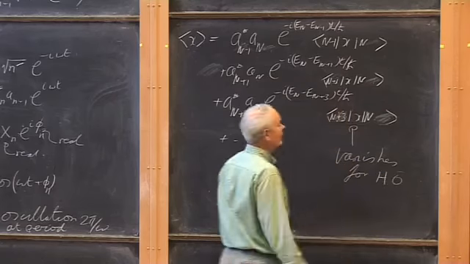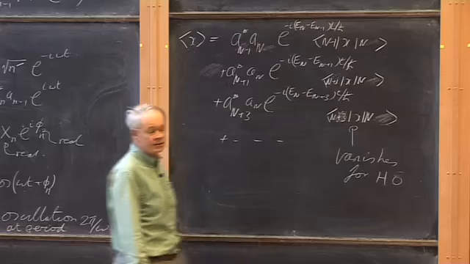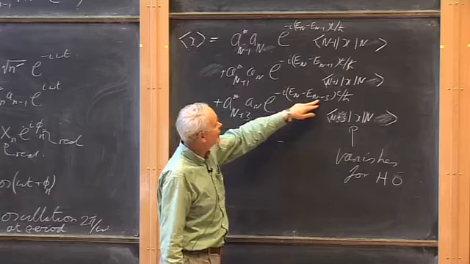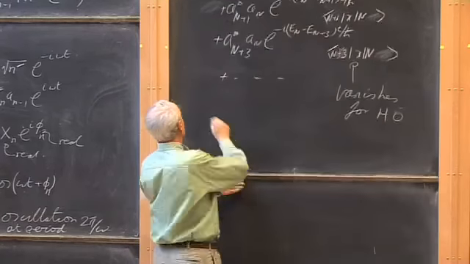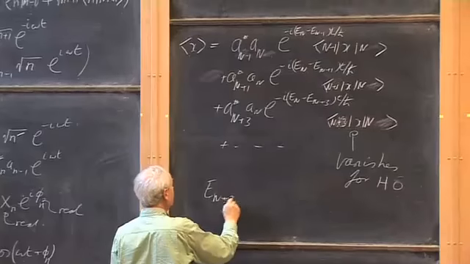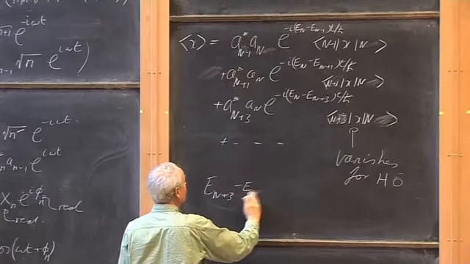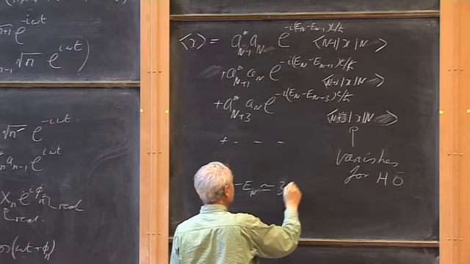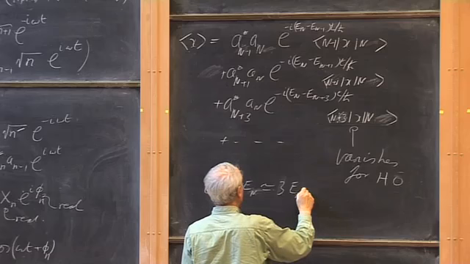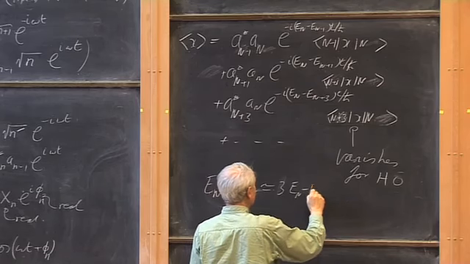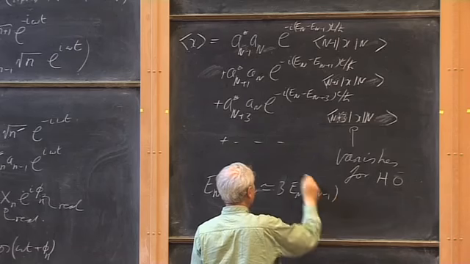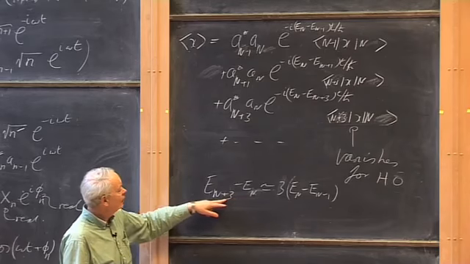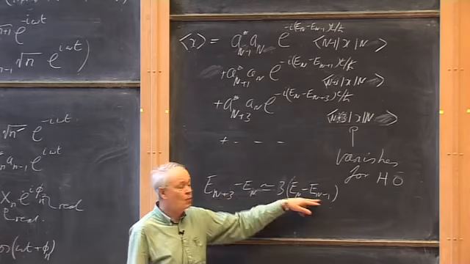But it's not generally going to vanish. It's going to stick around. Now, that has an important consequence, because this frequency, E_{n+3} minus E_n, is going to be on the order of 3 times E_n minus E_{n-1}. Right? Because it's 3 steps on the ladder, and that's only 1 step on the ladder.